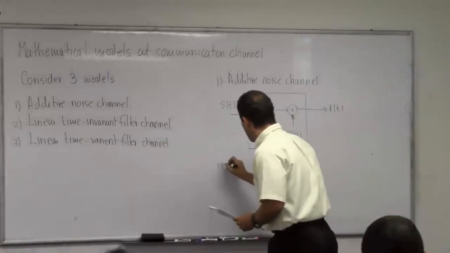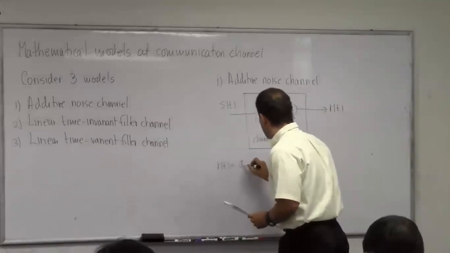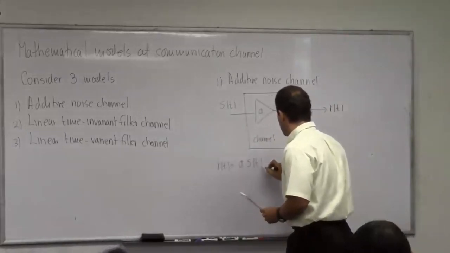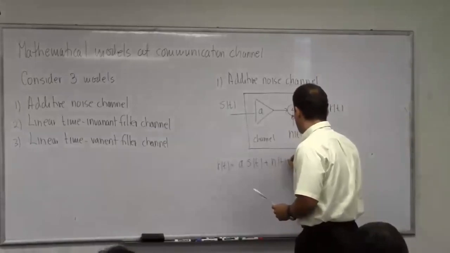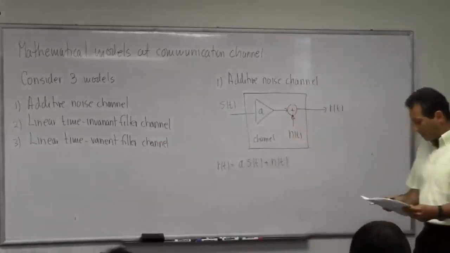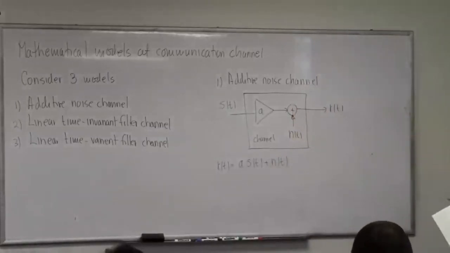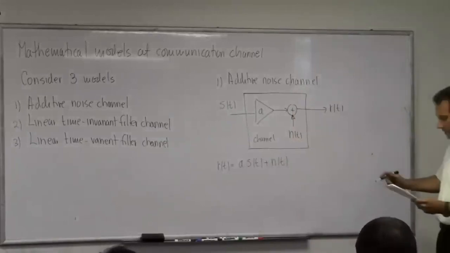In this case, r(t) is going to be A times s(t) plus n(t). That's the mathematical expression that tells me how the channel modifies my signal.